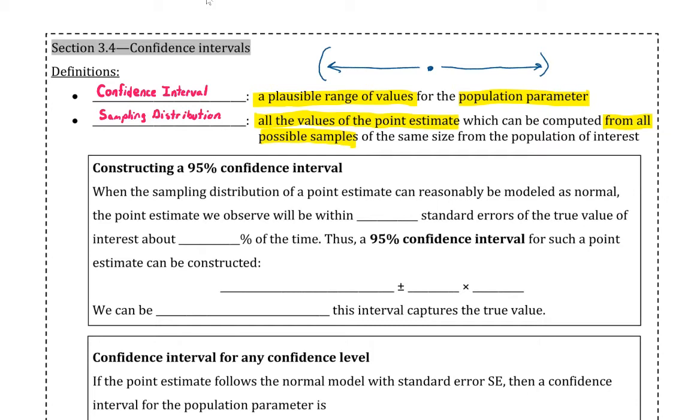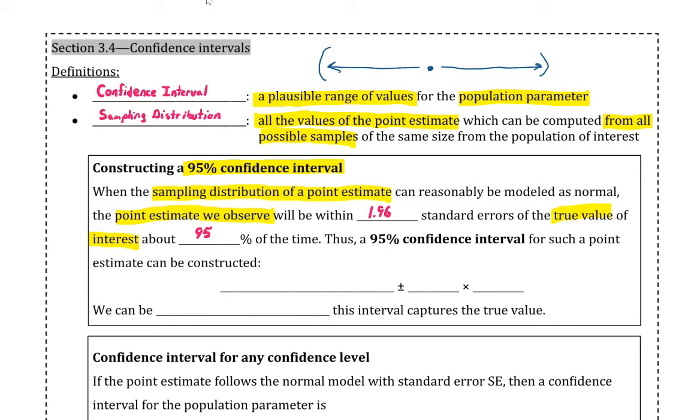Let's look at how we would construct a 95% confidence interval to get started. When the sampling distribution of the point estimate can be reasonably modeled as normal, the point estimate we observe will be within 1.96 standard errors of the true value of interest about 95% of the time.